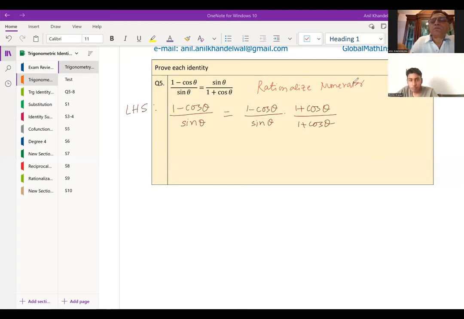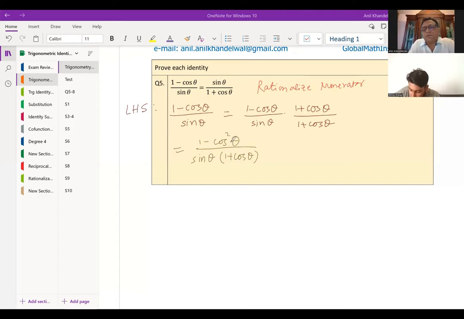Perfect. So now the numerator is 1 minus cos theta times 1 plus cos theta, which is 1 minus cos square theta. And the denominator is the product of sine theta with 1 plus cos theta.